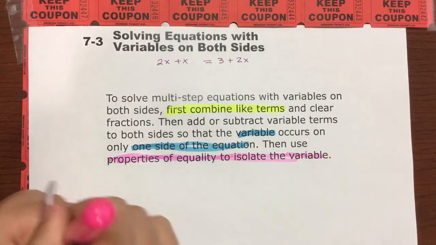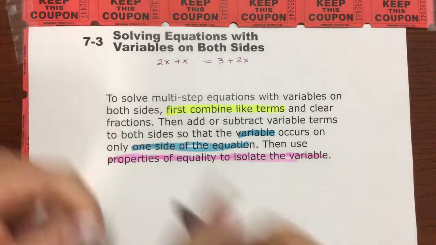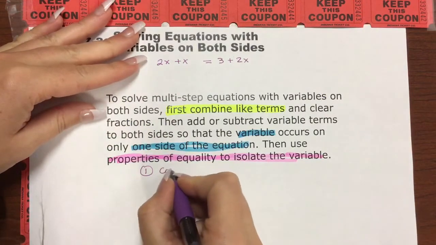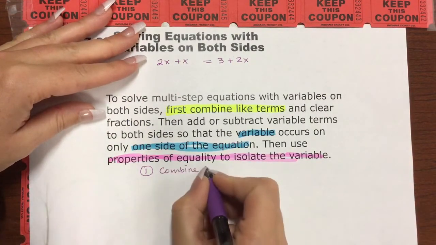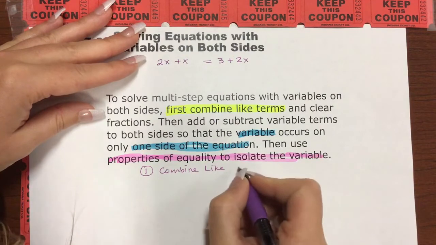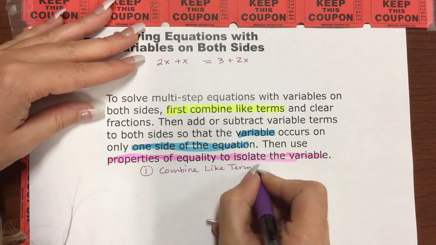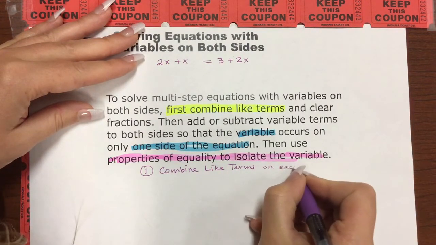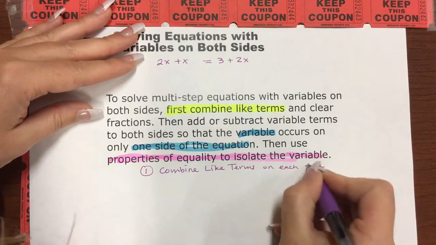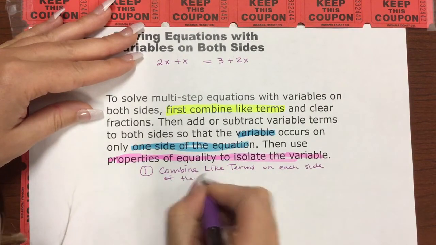So let's go ahead and talk about this. First, we are going to combine like terms on each side of the equation.